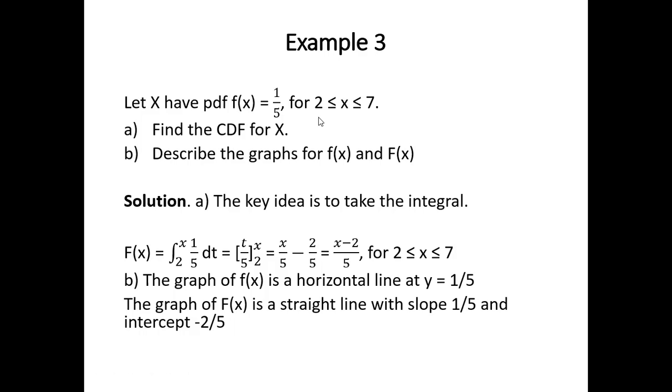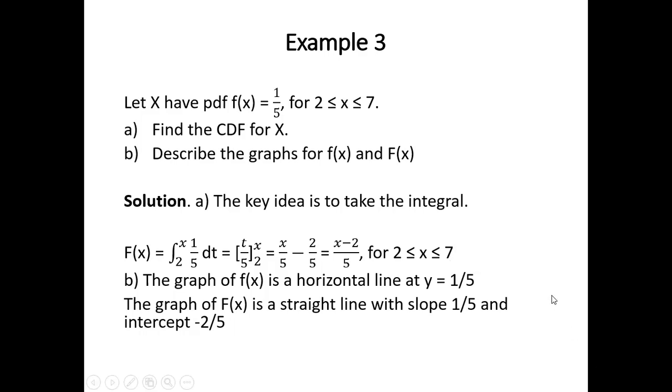So the graph is a horizontal line at y is equal to 1/5. Technically, it would just be a line segment between 2 and 7. The height would be 1/5, and it would go between 2 and 7, and everywhere else it would be 0.